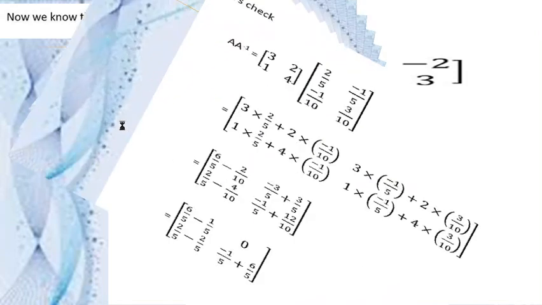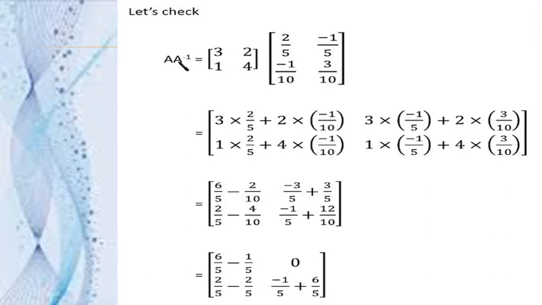Now if we want, we can even cross check: A into A inverse should be an identity matrix. So let's check one time. So 3, 2, 1, 4, the original matrix, and A inverse that we calculated. Now the product multiplication, I hope you remember how we do it. First row, first column here, and we will multiply their corresponding elements, 3 with 2 by 5 and 2 with minus 1 by 10, and then we'll add.